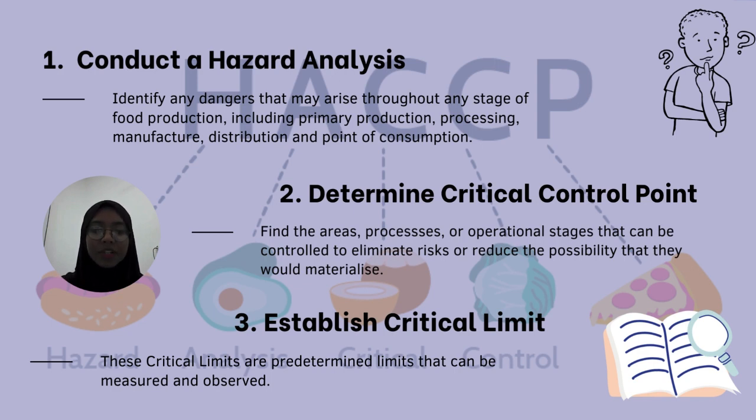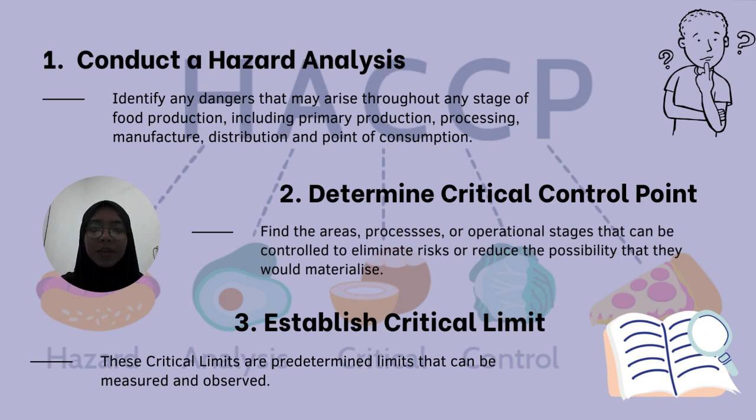The second principle is determine critical control points. Find the areas, processes, or operational stages that can be controlled to eliminate risk or reduce the possibility that they will materialize. Examples of application involving CCP: the first one is storage and handling of ingredients and finished product. Number 2 is inspection of goods on delivery and before use.